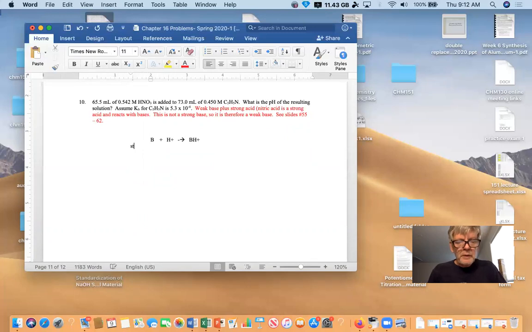So we're going to do a start, react, left, in units of moles. And the same 3 things are going to happen. We're going to be left with the base and some acid, and it's a buffer.